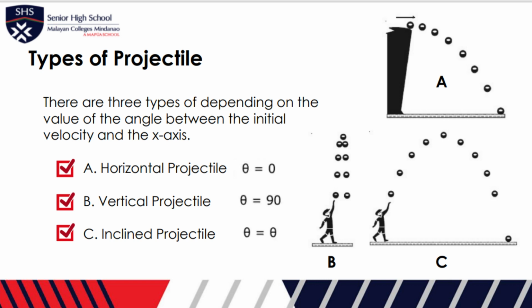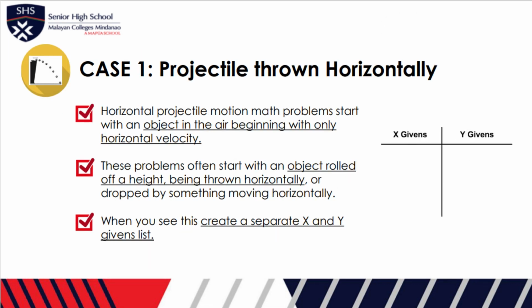Generally, we could have two cases in projectiles. The first case is the projectile thrown horizontally. When a horizontal projectile motion problem starts with an object in the air beginning with only horizontal velocity, these problems often start with an object rolled off a height, thrown horizontally, or dropped by something moving horizontally.